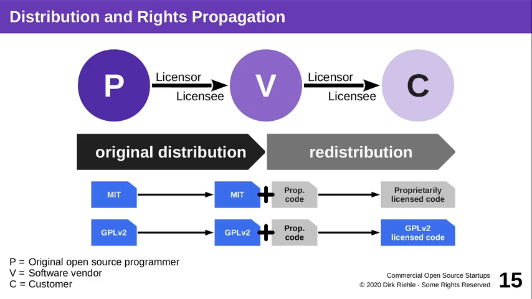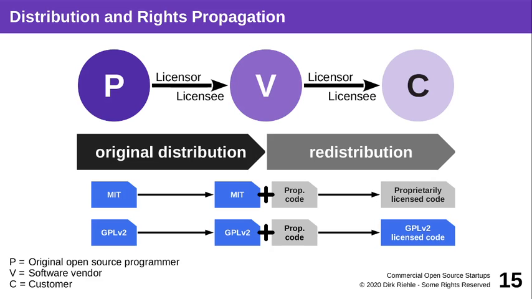So here you can see an illustration of how this plays out. There's a P, a programmer, an original open source developer, who licenses out his or her work under an open source license. You, V, are the vendor who uses the component or the open source code as part of a commercial product. So that open source code is just part of your work. You do your own work too, and maybe even put together many different open source components.